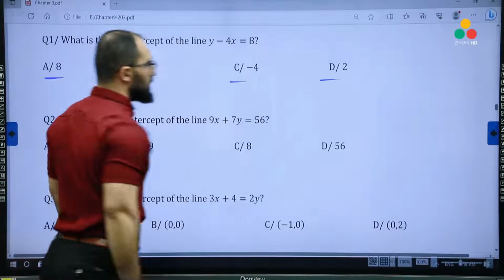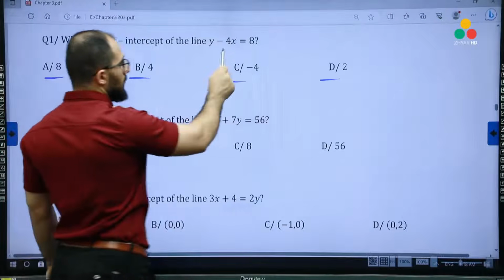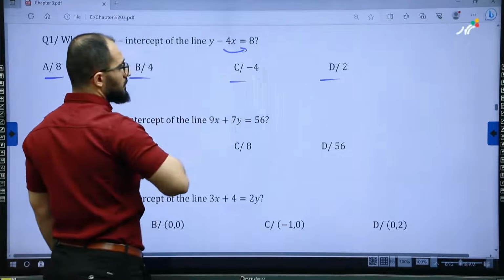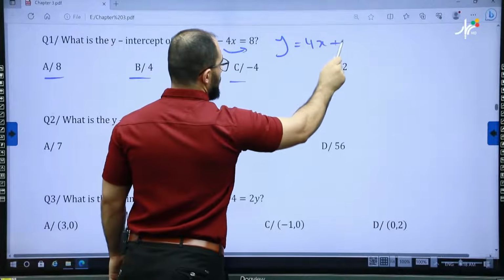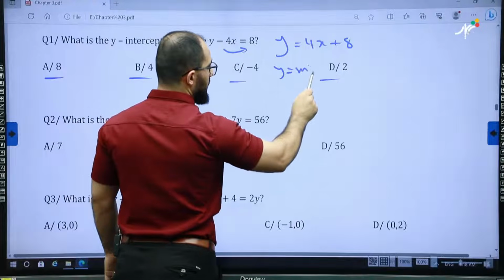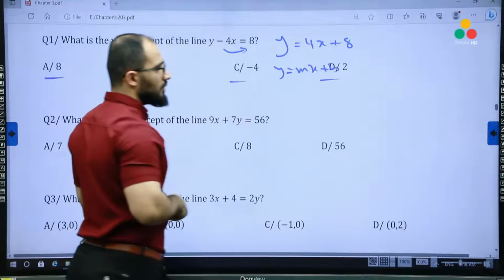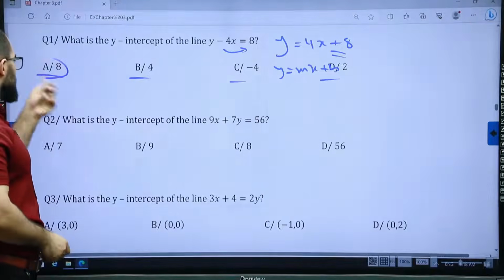We have a single number. It means you have to find b. How to find b? Just move negative 4x to the other side. y is equal to 4x plus 8. Okay, y is equal to mx plus b. So which one is b? 8. So the y-intercept is 8.